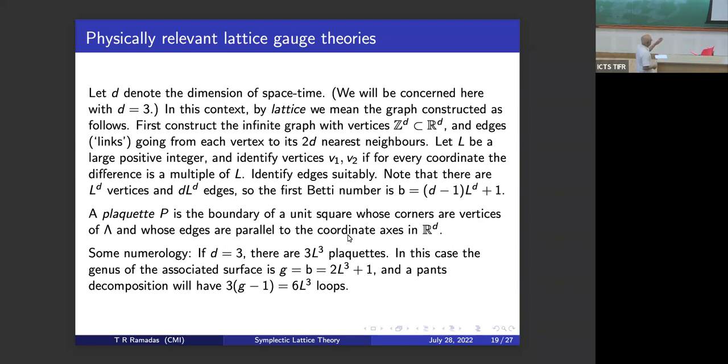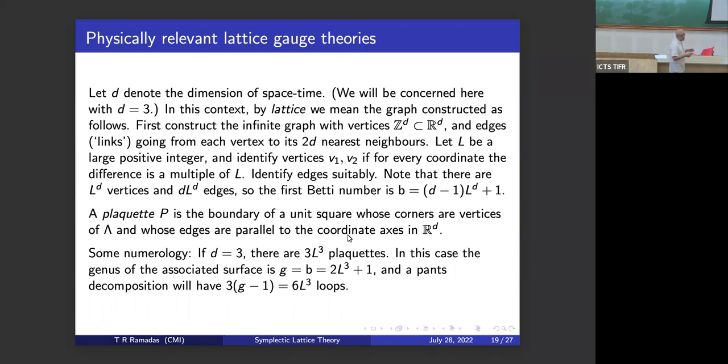Now, some numerology. If D is 3, there are 3L cubed plaquettes. The genus of the associated surface is 2L cubed minus 1. And the Pants decomposition of the surface will have 6L cubed loops.